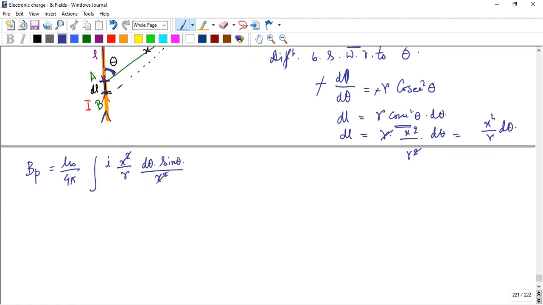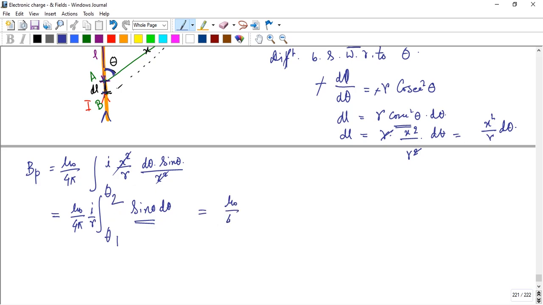Okay, now x square cancels, so it equals mu 0 upon 4 pi integration of I by R sine theta d theta. I by R is a constant, so it goes outside the integration, and we integrate sine theta. Now put a limit, suppose theta 1 to theta 2.